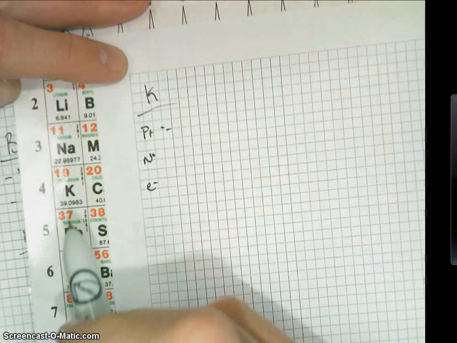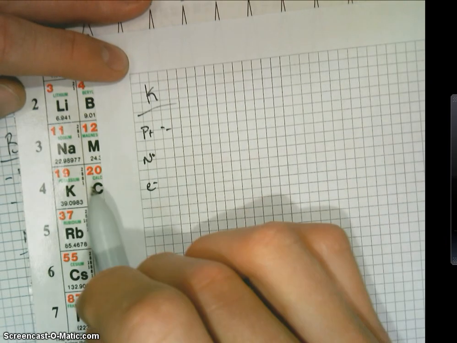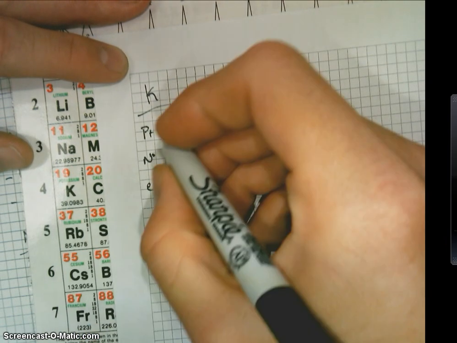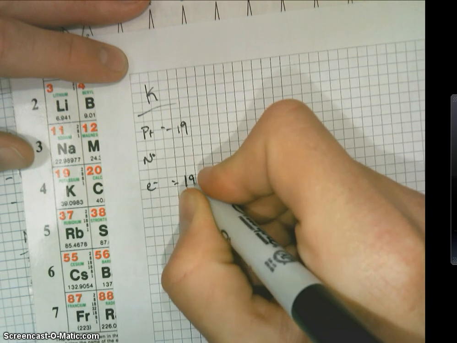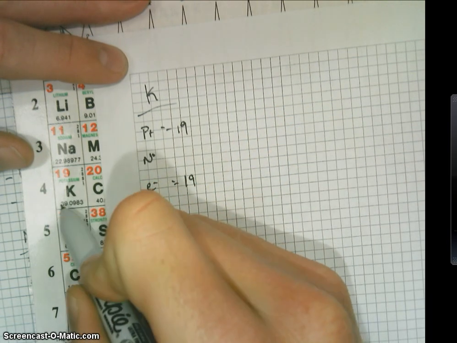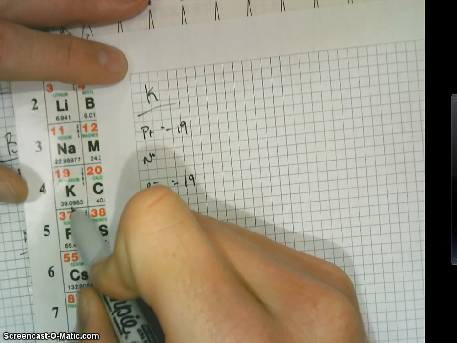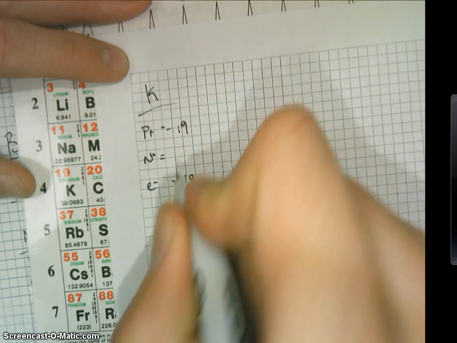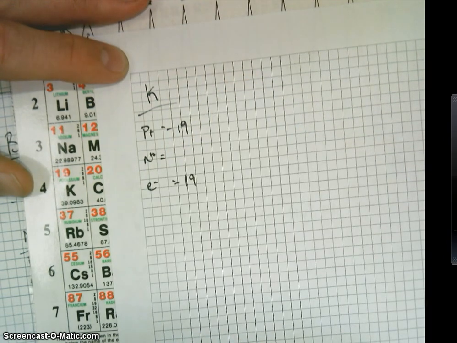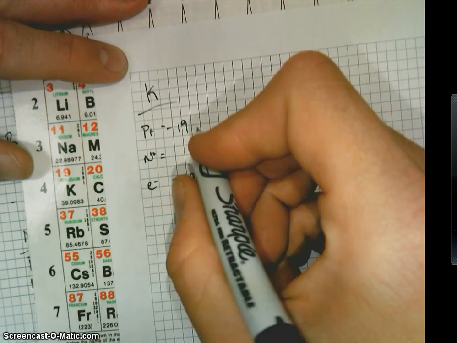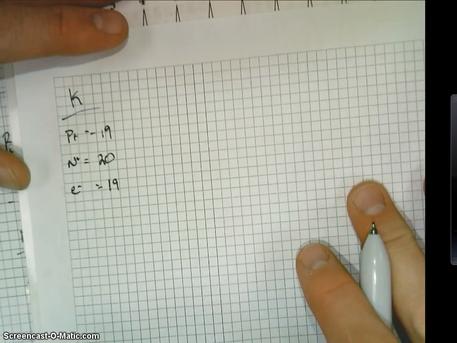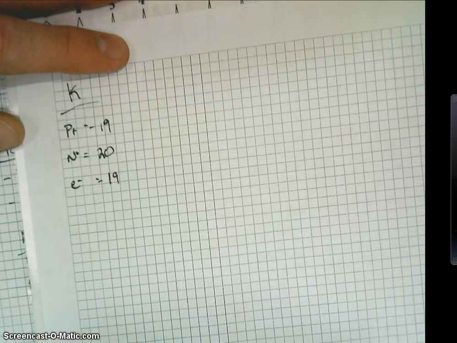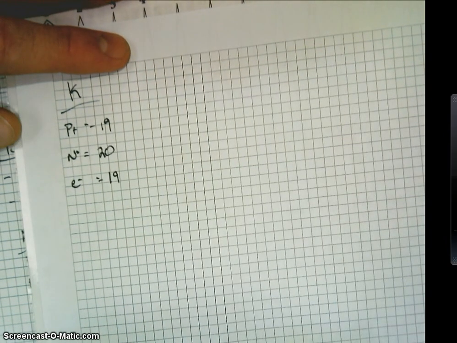Our protons are always going to be our atomic number, so potassium, K, is 19 protons. Therefore we have 19 electrons. For neutrons, potassium's mass 39.09 rounds to 39. To figure out how many neutrons we have, we take 39 minus 19, which gives us 20 neutrons. From there, we can take this information and draw the Bohr model.